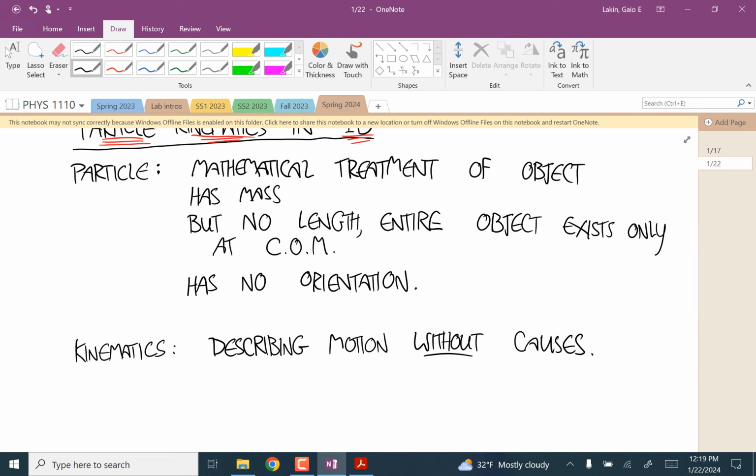You can track the motion of a baseball as, like, someone hits a home run with a baseball. You can track its motion, and that's kinematics.